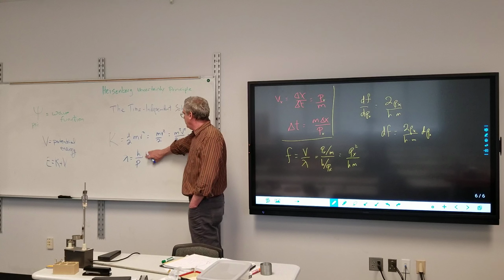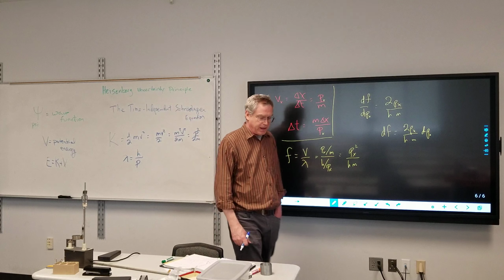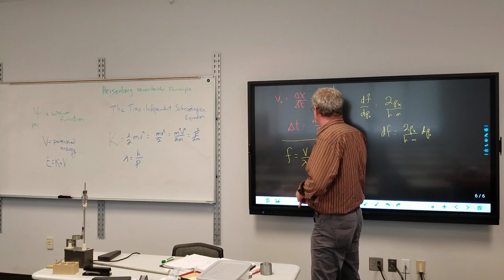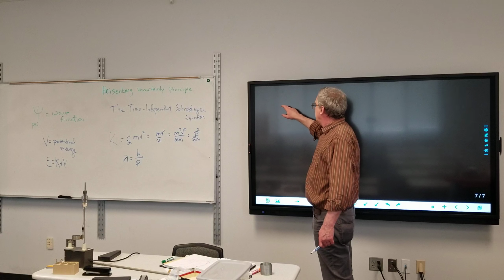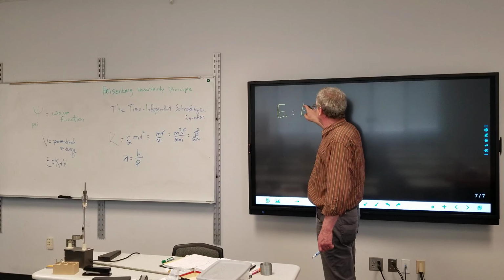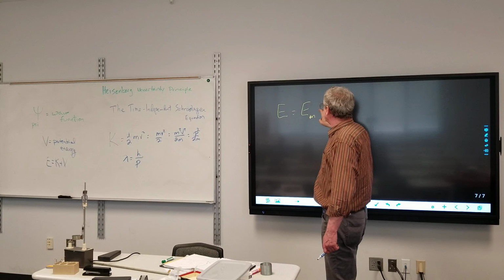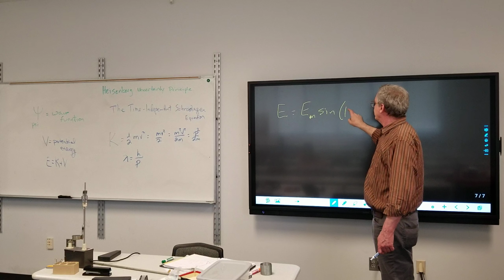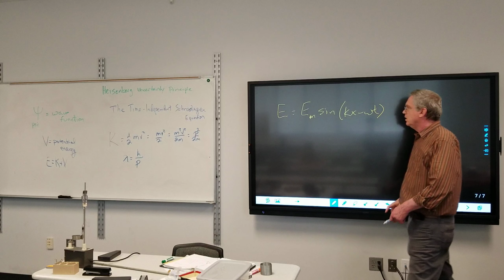I also know that if I have a function that is dependent upon kx, let's think back to the electromagnetic wave, equals whatever my maximum value is, times the sine or cosine of kx minus omega t. It's just a classic wave equation.